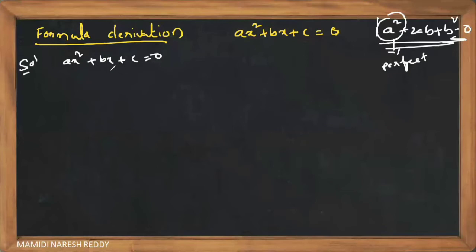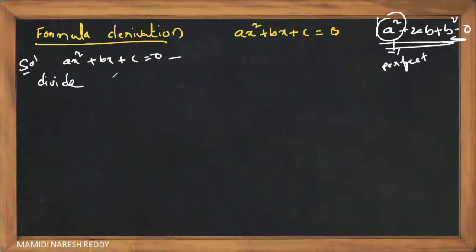So, children, see, I am dividing the entire quadratic equation with a. Entire quadratic equation with a. Did you get my point, children? Any doubt? Right, children, now I'm dividing and multiplying, so we can write as, children.